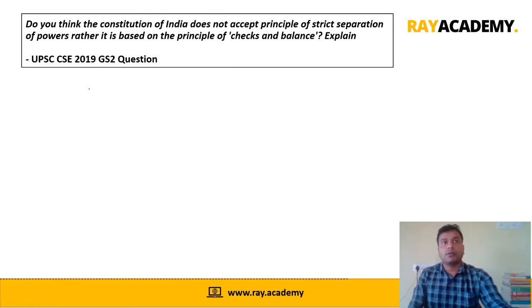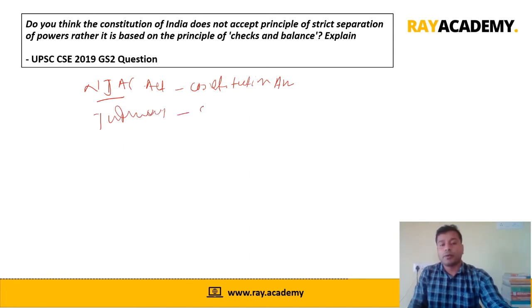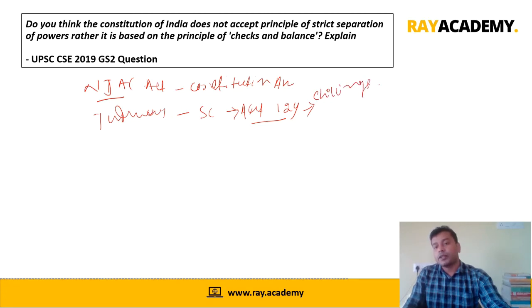At the same time, let me give you one real example. Let's say the NJAC, the National Judicial Appointments Commission. The NJAC Act was indeed a constitutional amendment act. The judiciary, meaning the Supreme Court of India, found that it was having a chilling effect on the independence of the judiciary.